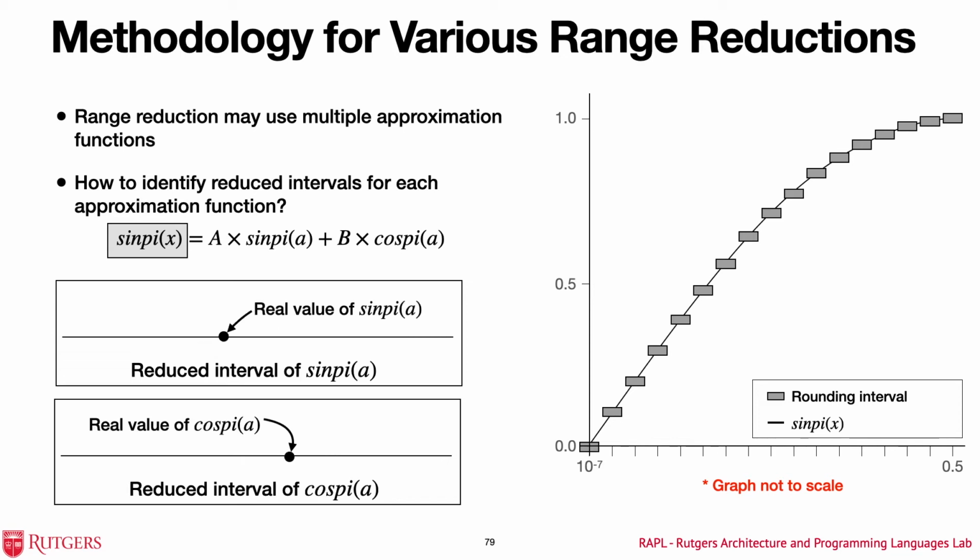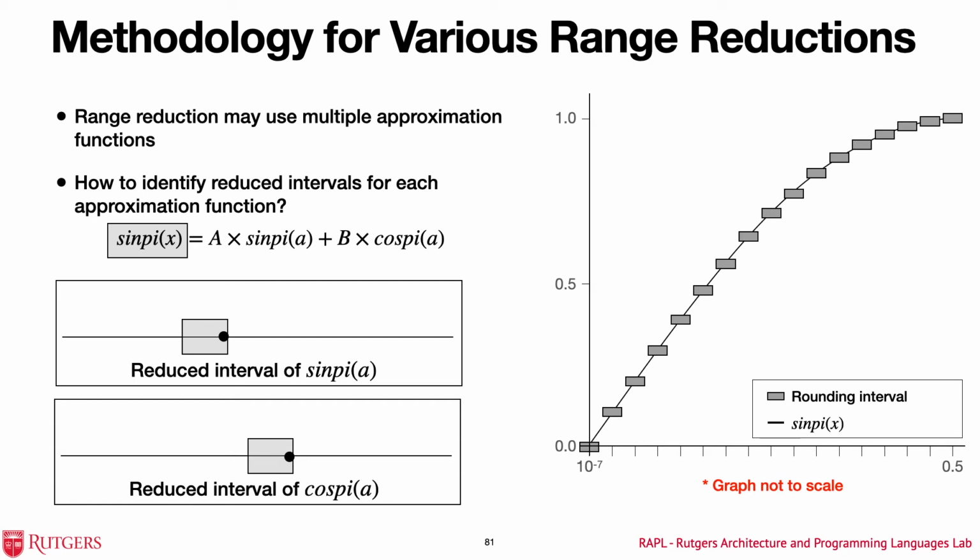So we propose a methodology for identifying reduced intervals by initially setting the interval with a singleton of the real value of sine pi of a and cosine pi of a, and gradually lowering the lower bound of both intervals at the same time while making sure that the lower bounds will produce the correctly rounded result when it is used with the output compensation function.